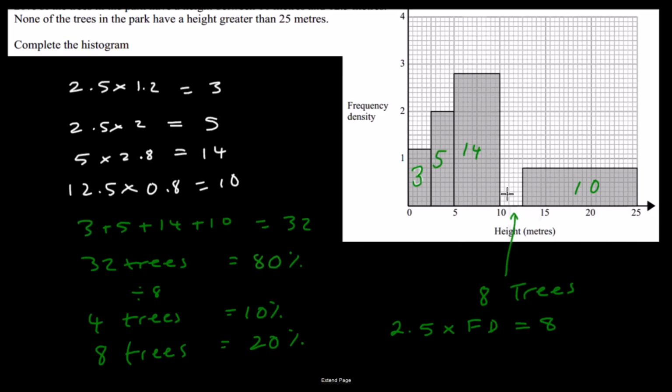So it needs to be 3.2 tall. So there is our bar. It's got an area of 8, and that makes it 20%.